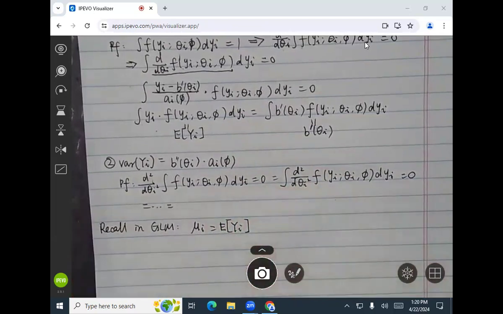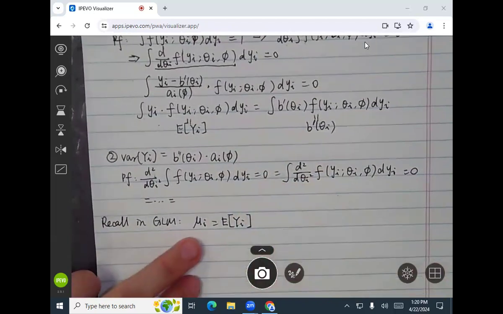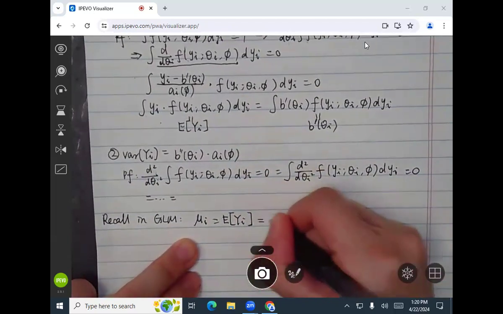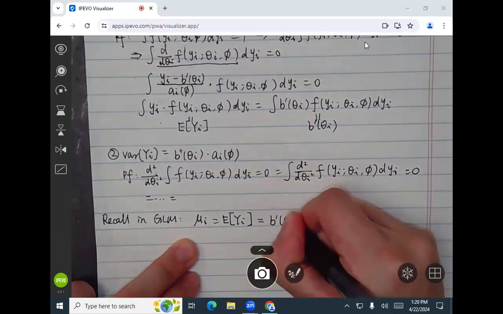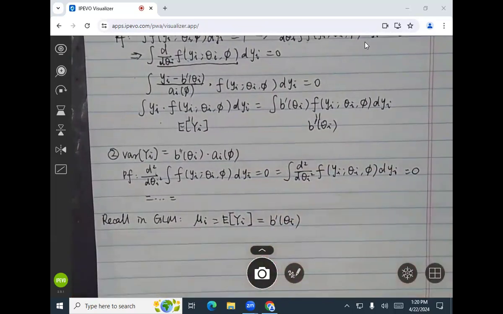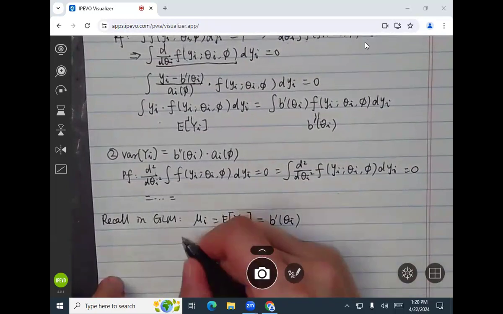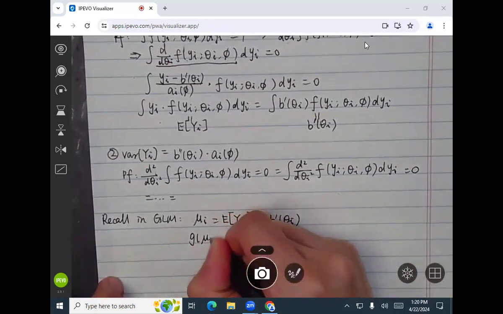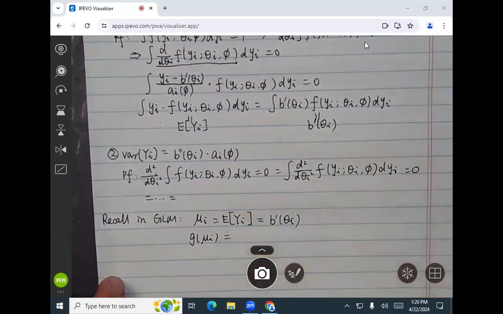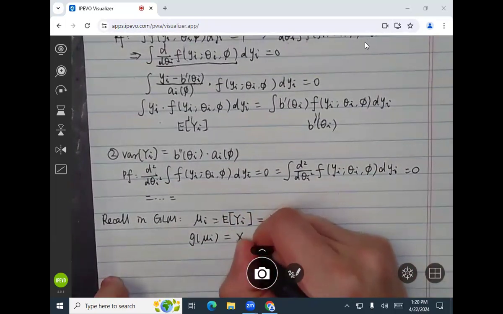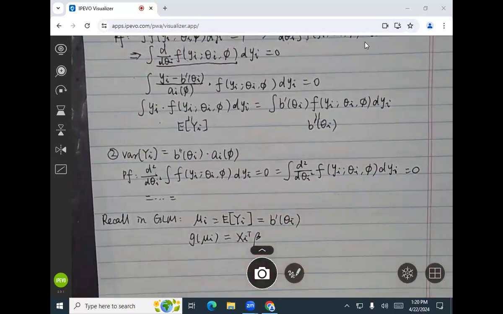Now, if yi follows exponential family, then this mu I would be equal to b prime theta I, right? And also recall that we need the link function g mu I to be what? To be x transpose beta. We also need this. So for these two purposes, how do we define the link function?